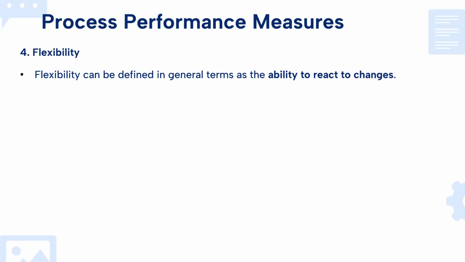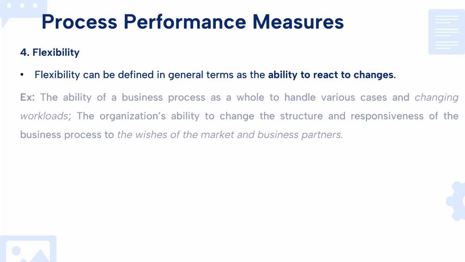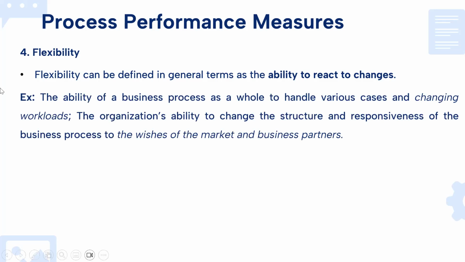Under such situations, you should have the flexibility to move from one product to another. For example, the ability of a process as a whole to handle various cases and changing workloads. At certain times we might have more work than we can handle, and sometimes we don't have work.